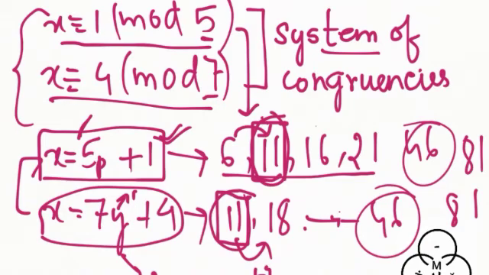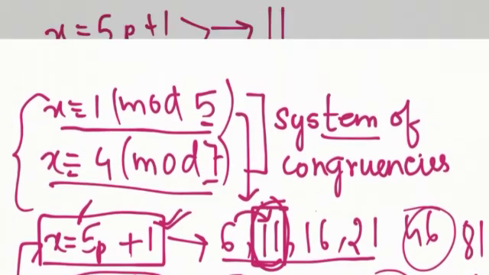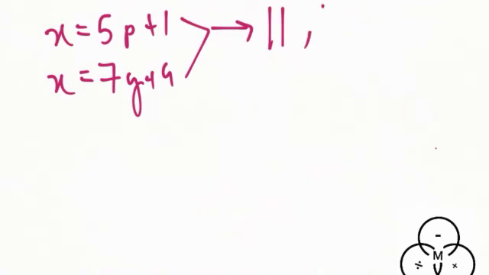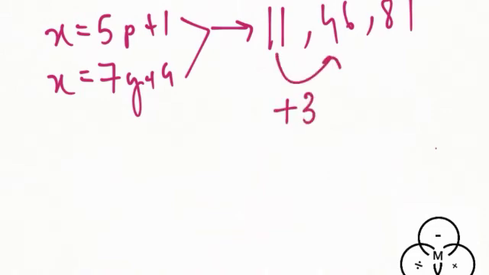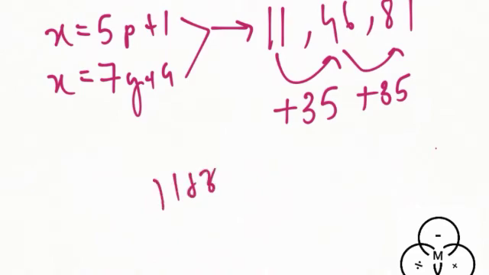Now do you see another pattern? The solutions that we get are 11, then 46, then 81, right? Do you see any pattern in here? Yes, I do, because if we add 35 each time, we get the unique solutions of x. 11 plus 35 is 46, right?